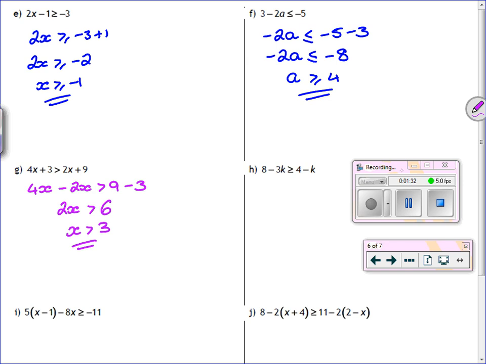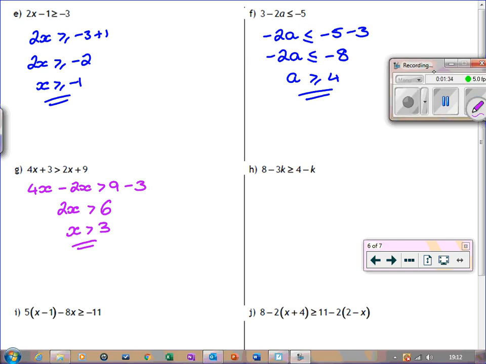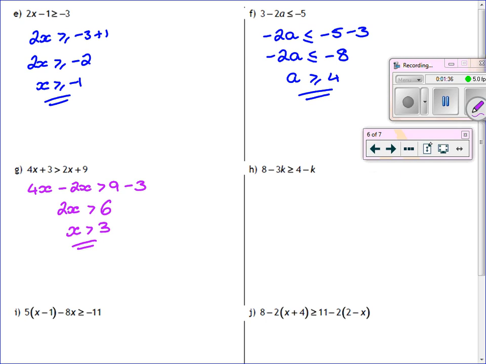Example H. We have 8 minus 3k is greater than or equal to 4 minus k. So let's get all the k's on the left and the numbers on the right. So it gives me minus 3k plus k is greater than or equal to 4 minus 8.